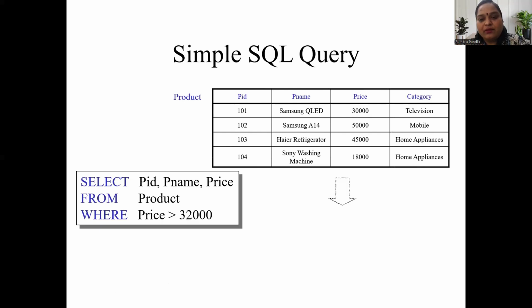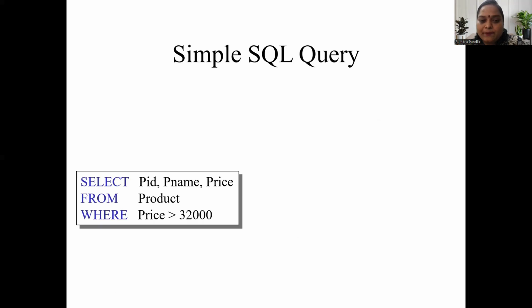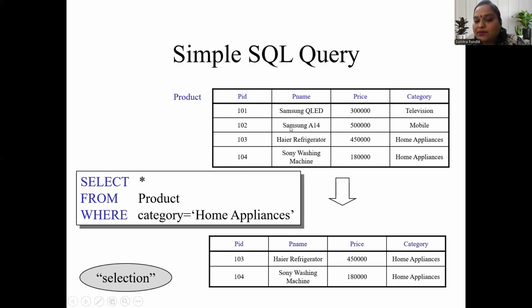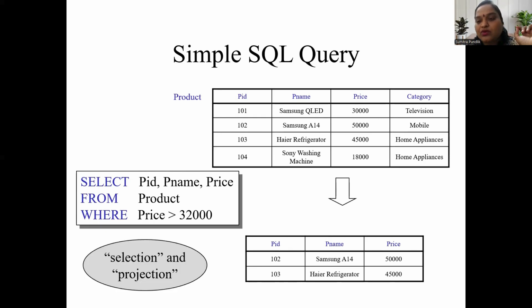Now we are going to apply one more concept, selection and projection. Here we are going to see what selection means and what projection means. In the previous query, select star, star helps me select all the columns. But if I want only particular columns, I can use projection. Projection helps me select only the required columns for my data output. Here I have PID, PName, price and category.